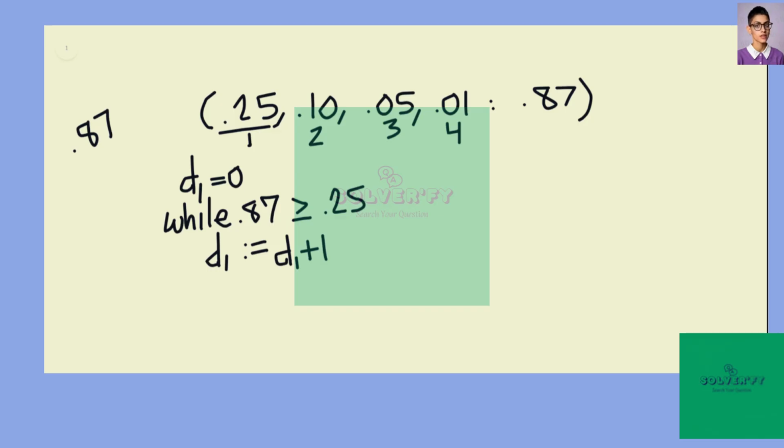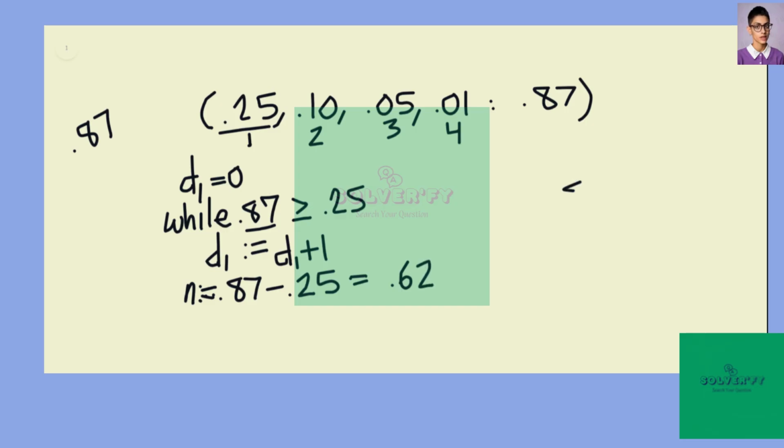And then we will subtract from our goal the value of 1 quarter, and we'll let that equal our new goal. In this instance, that's going to be equal to 62 cents.